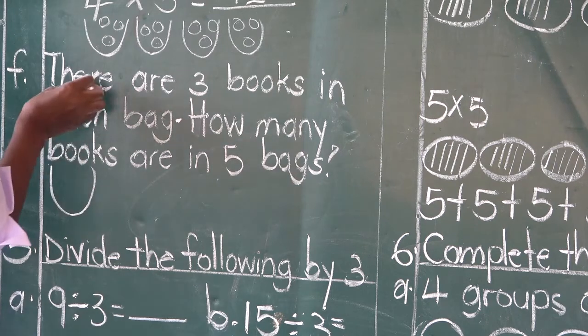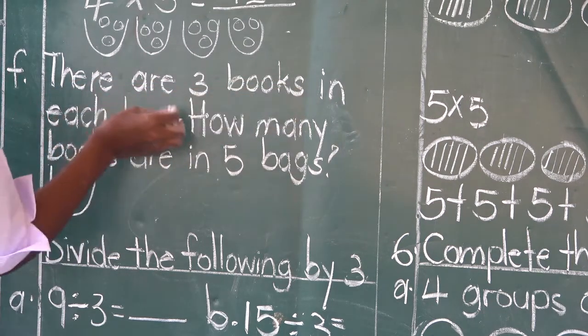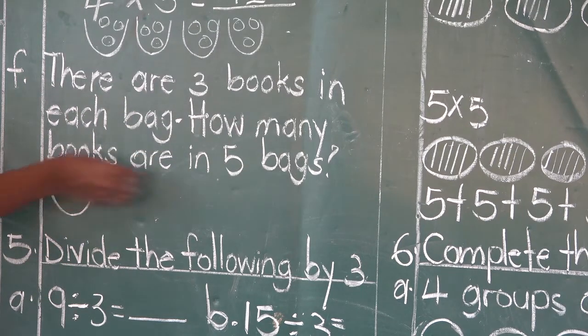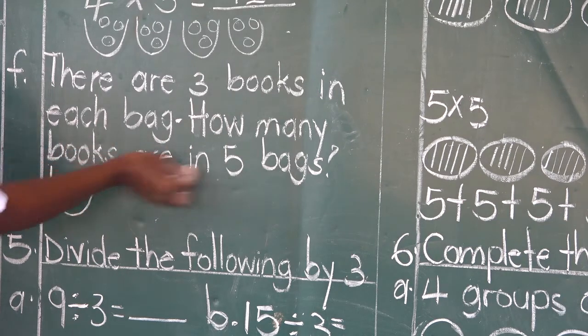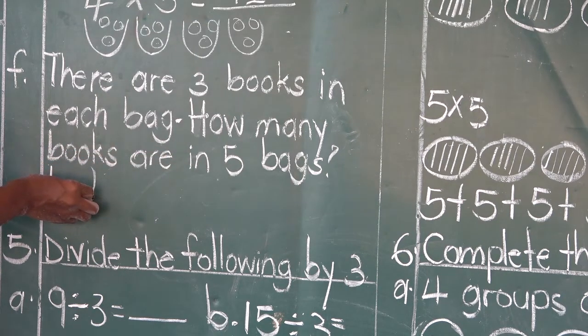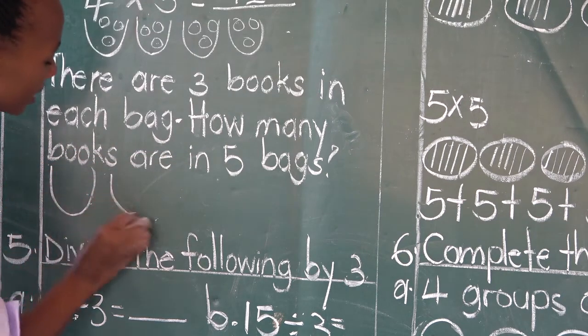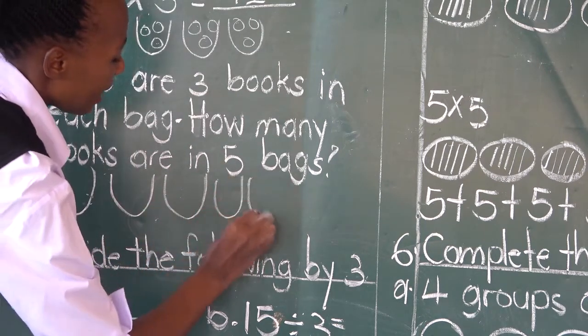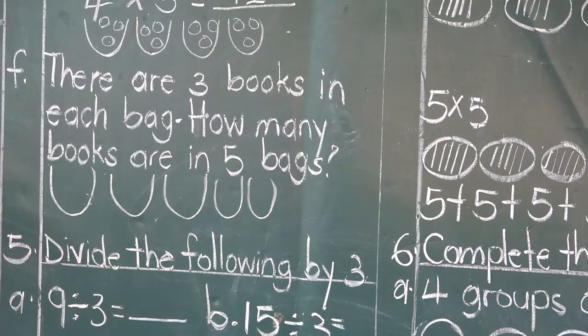Then we see there are 3 books in each bag. How many books are in 5 bags? Now we are going to form these groups 5 times, and we call these our bags. 1 bag, 2 bags, 3 bags, 4 bags, and then 5 bags, each having 3 books.